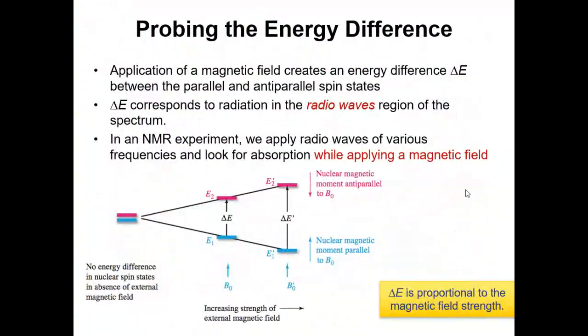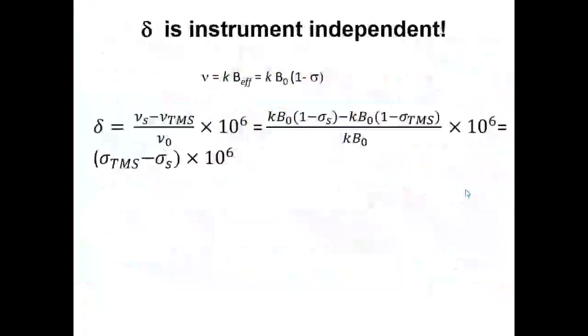The field is weaker, the energy difference between the two states will be smaller, and the resonance frequency will be decreased. Okay? So that's always high electron density, low resonance frequency. And the resonance frequency is directly parallel to the chemical shift. So low resonance frequency, low chemical shift value. That means if something has a low electron density, you're going to see a high chemical shift value. So this is always correlated.